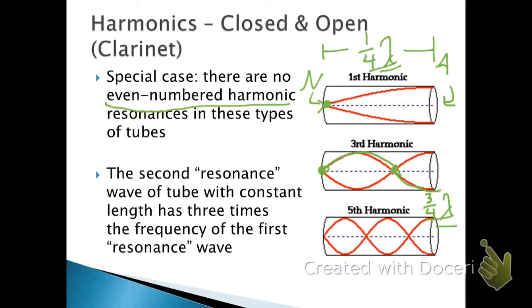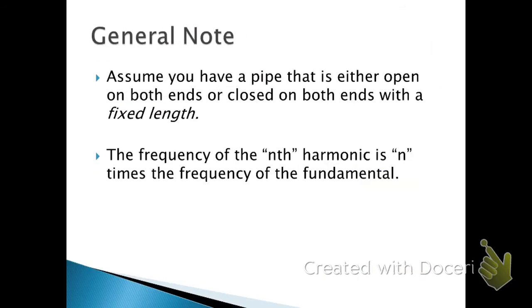Because again, the definition of the second harmonic is a standing wave in which the frequency is 2 times the fundamental of the first. I don't get that with one open and one closed. The next harmonic up is the third harmonic because I've multiplied my frequency times 3. So that's just a general note.